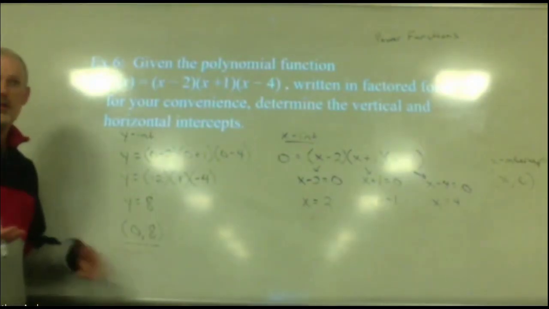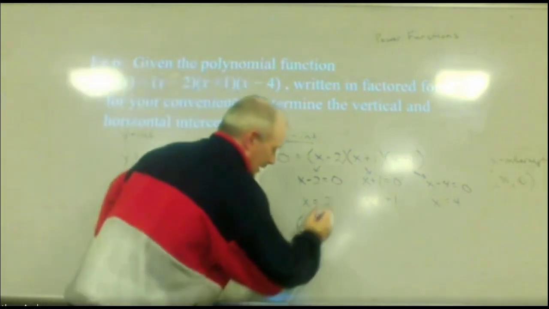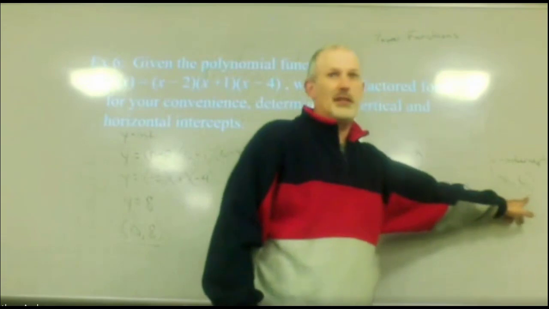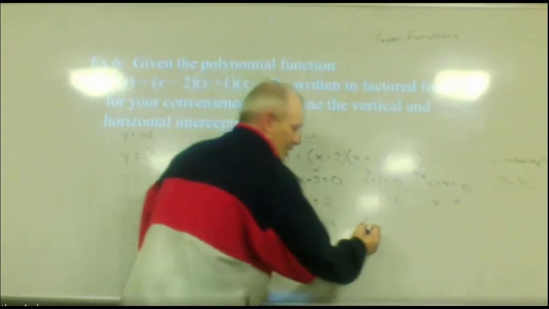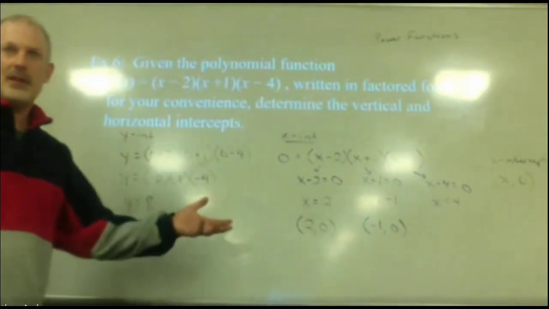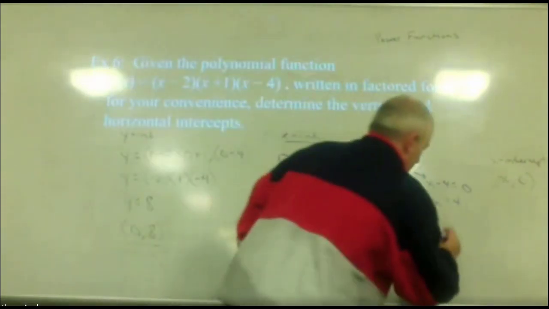As an ordered pair, we want to know where it hits the graph. So this is x is 2, y is 0, just like we mentioned, right? The x value, comma 0. This one will be negative 1, comma 0. And what will the last one be? 4, comma 0.